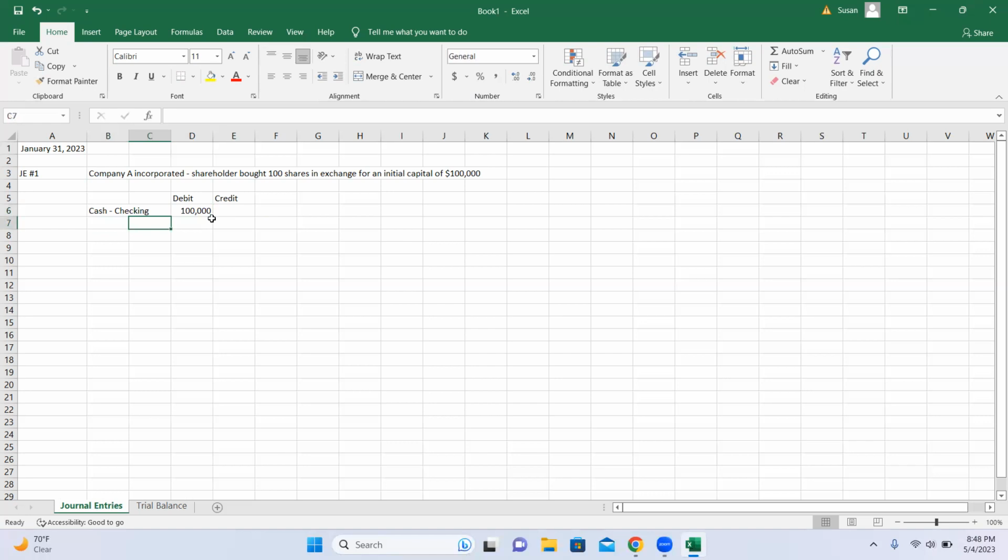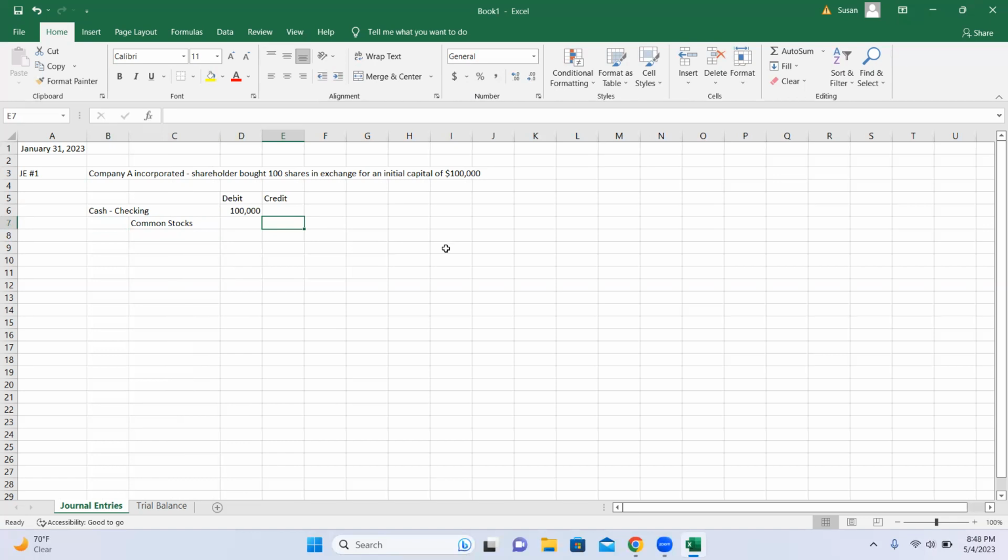And then in exchange, these shareholders now have equity in the company. So that is a credit of $100,000.